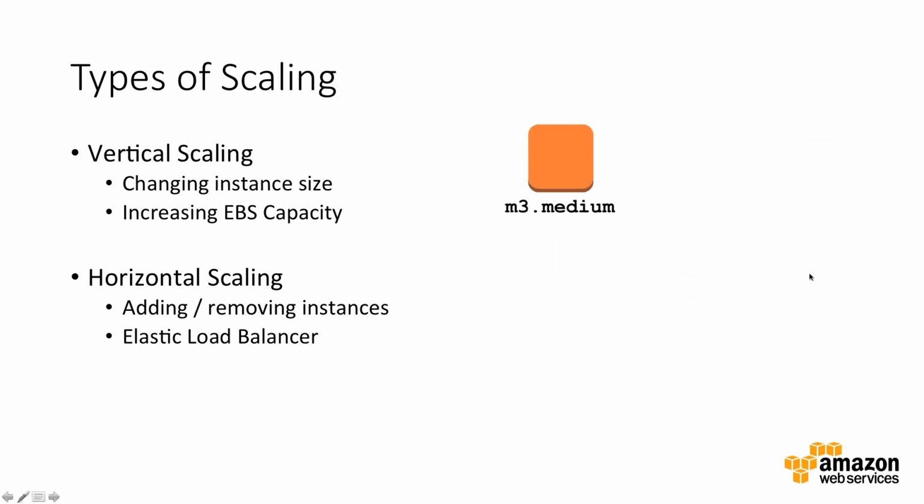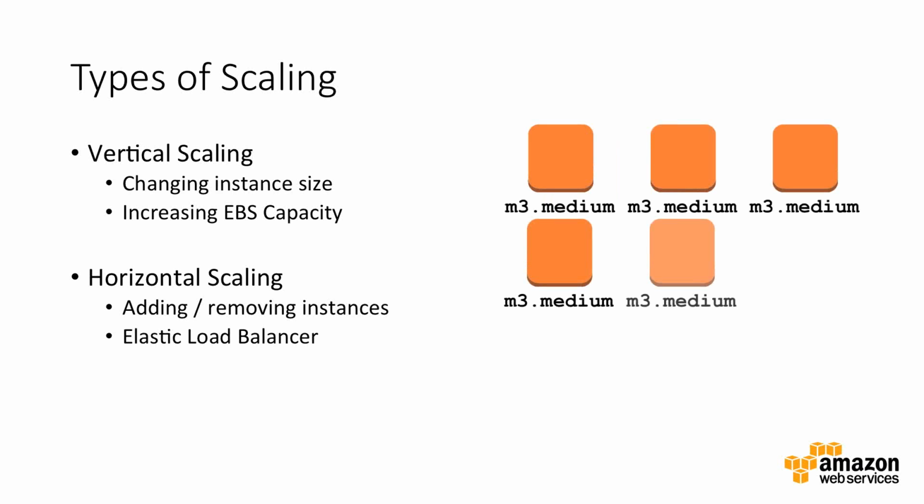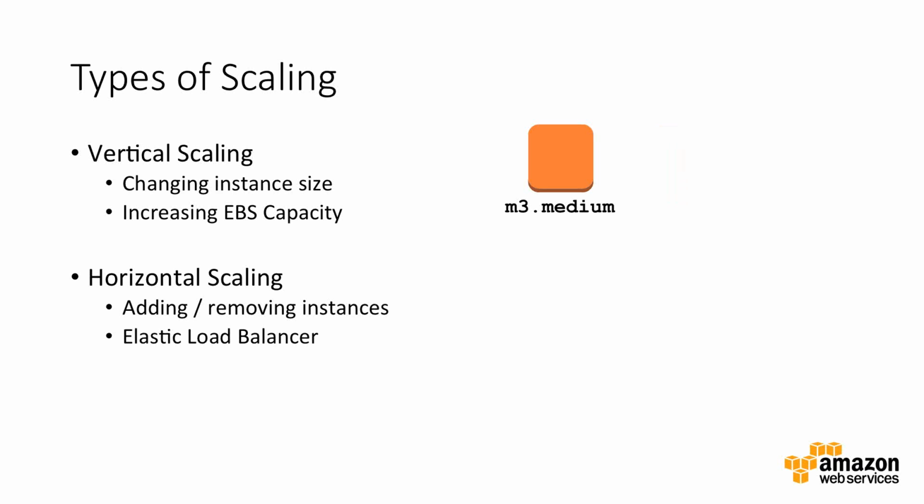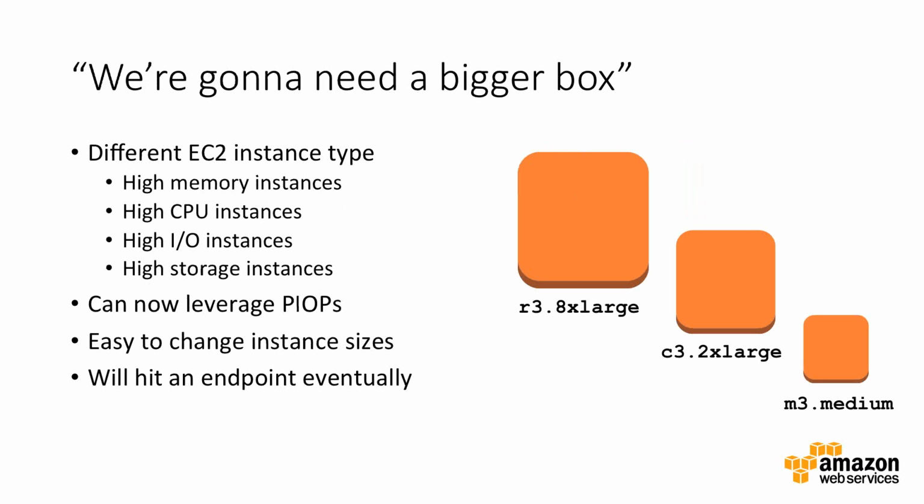This helps distribute the load as well. So as you saw in the animation that just went by, we actually just added M3 mediums rather than increase the size of that one particular instance. And then you could also look from a horizontal scaling perspective to scaling back down using that same terminology.